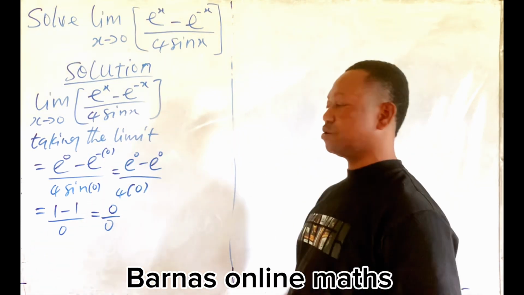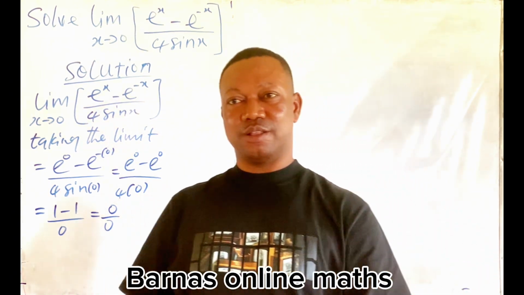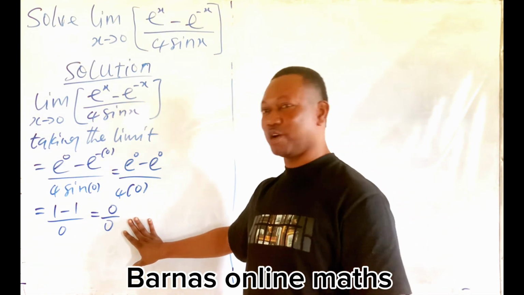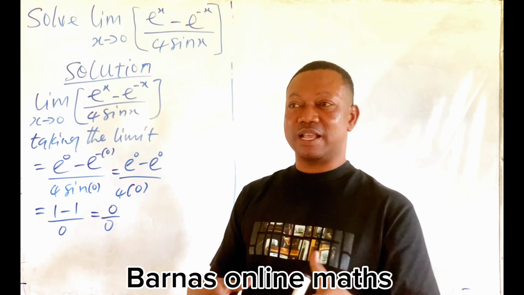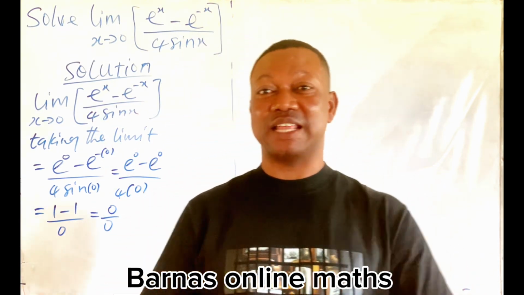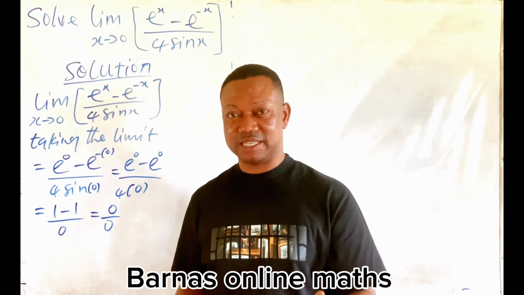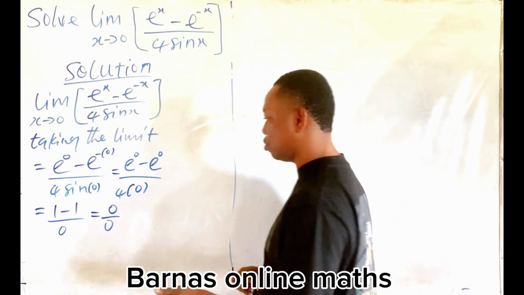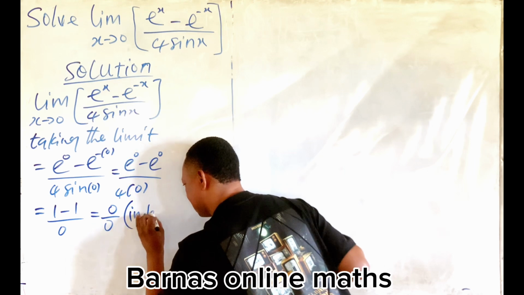0. So 0 divided by 0 does not exist. It's said to be indeterminate, because sometimes if you punch it on your calculator, you find that the calculator will say math error or sign error. Provided there is an error there, it means that such a function does not exist and was not programmed inside the calculator. So as a matter of fact, we should know that 0 divided by 0 is said to be indeterminate.